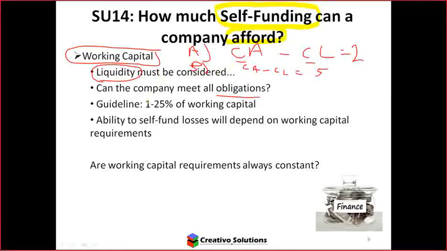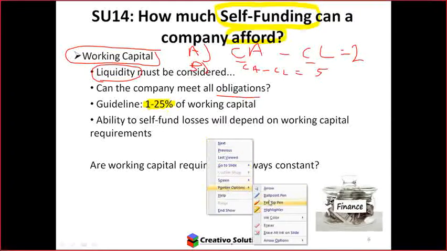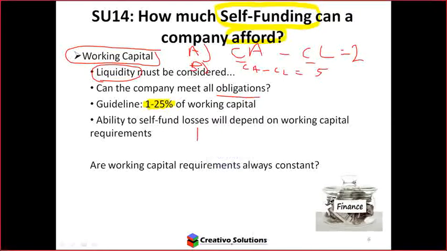Right, so the guideline is this. 1 to 25% of working capital should be the limit to your self-funding. The ability to self-fund losses will depend on its working capital. So if I have a company that has, let's say, working capital of R1,000,000, what should that company use as a guide in terms of its self-funding? 1 to 25%.